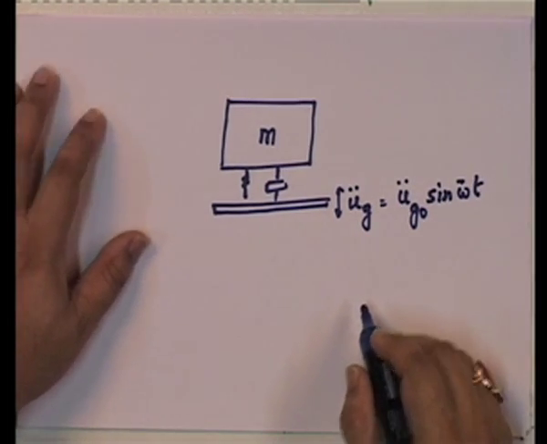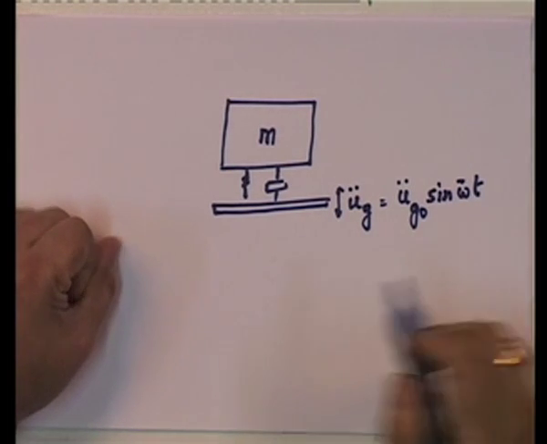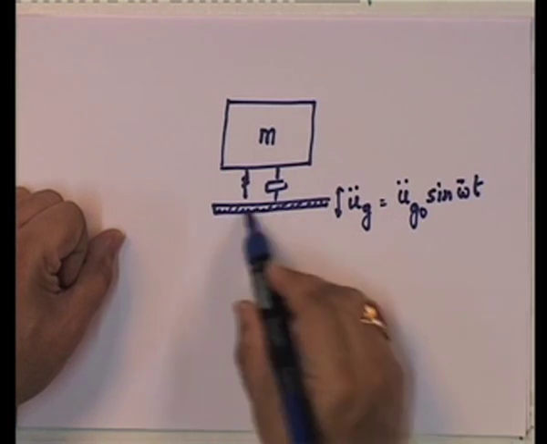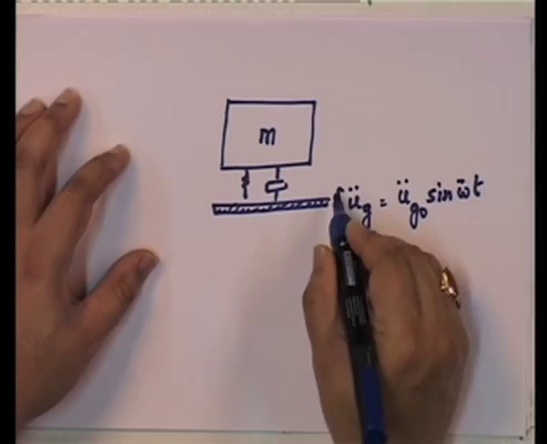And we will call this excitation a sinusoidal function, a harmonic function. Later on we will see that it does not really matter whether it is a harmonic function or not, we can still look at it, but right now let us look at it this way.